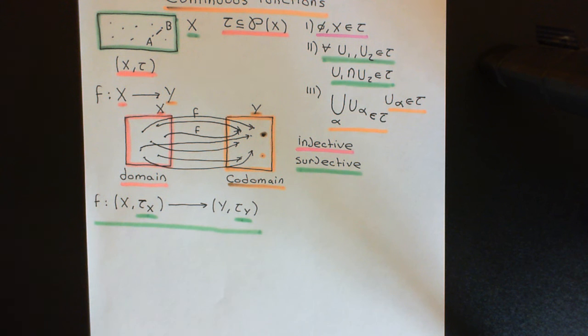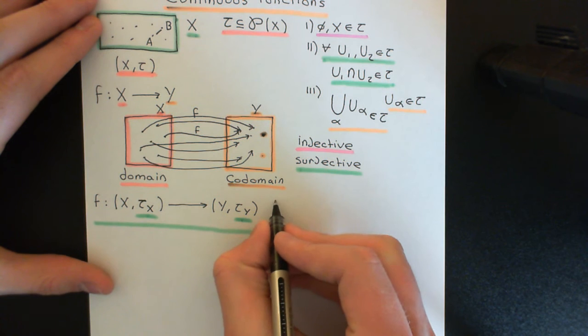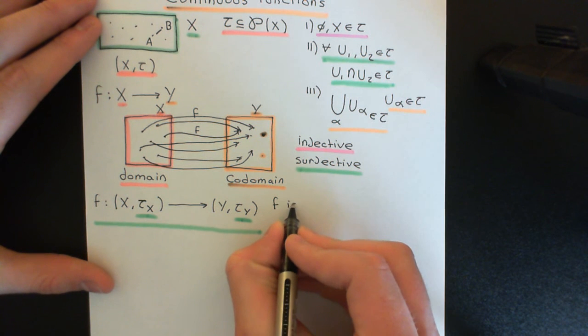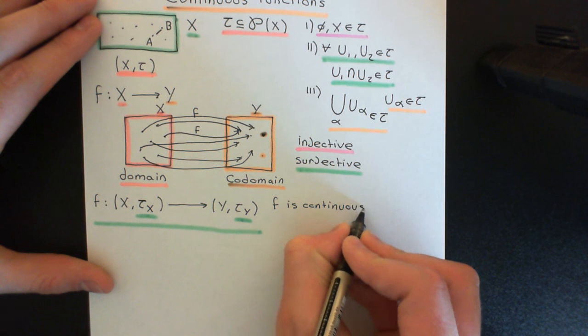So it's completely and utterly determined by the topologies that you put on these two sets. And of course we know that a set can admit many different topologies. Right, so what does it mean then for F to be continuous? So what is the definition? F is continuous with respect to these two topologies, you should say.